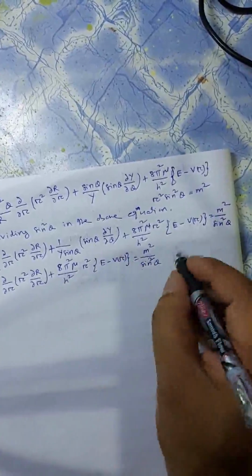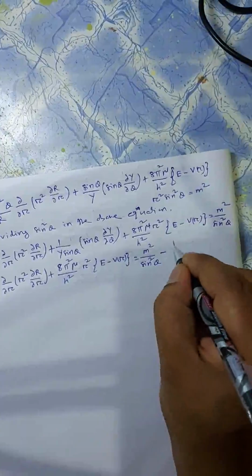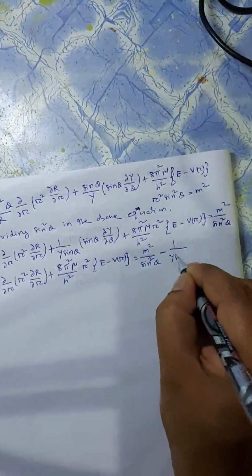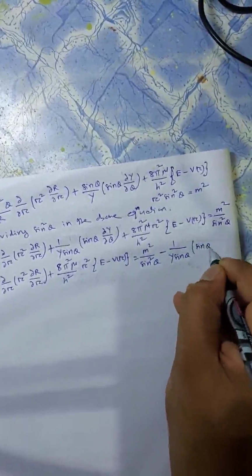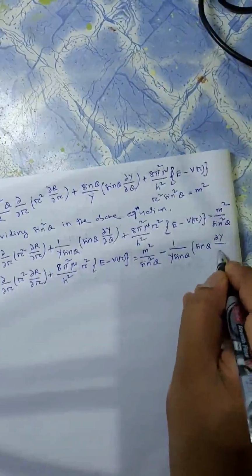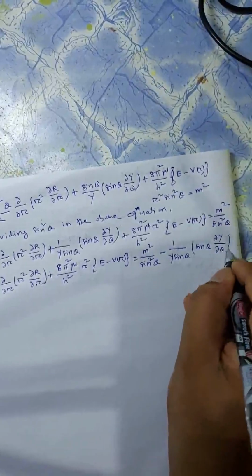When we come to this side, it becomes minus 1/Θ sinθ ∂/∂θ of sinθ ∂Θ/∂θ.